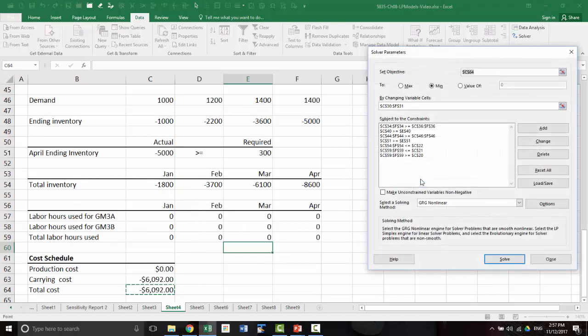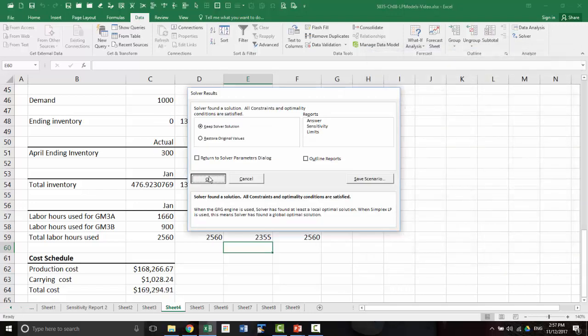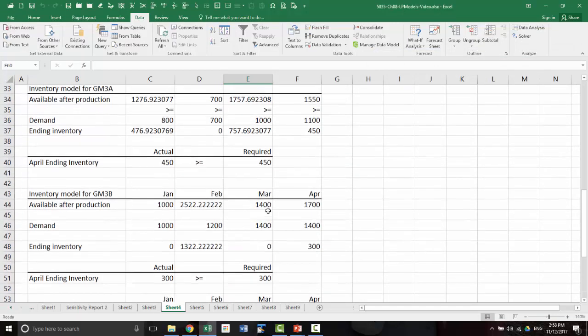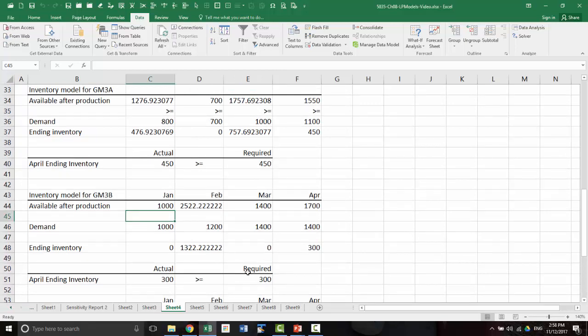So now we have all the constraints. Make unconstrained variables non-negative, Simplex LP as the method, and solve. So we have an answer. Before I forget, this should be greater than or equal to.